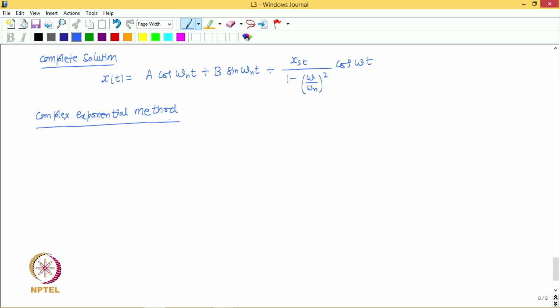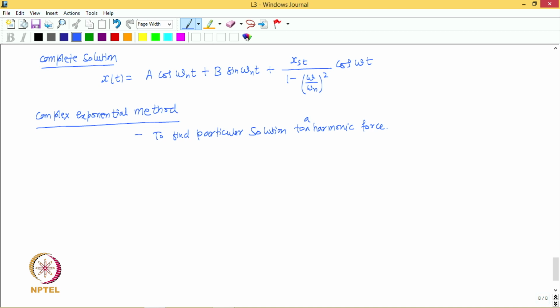This is for finding a particular solution to harmonic forces. So, if a force is harmonic, we can use this method to find a particular solution.